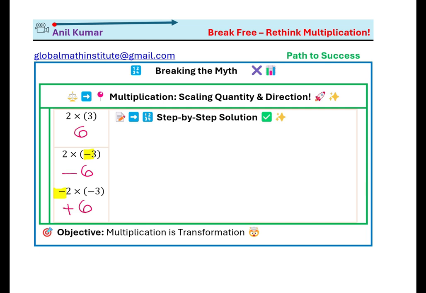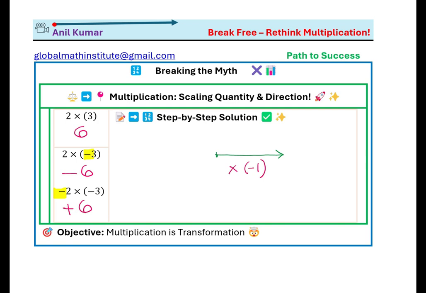So let us consolidate this concept of multiplying with negative numbers. If we have some number represented by the arrow shown here, in that case, multiplying this number with negative 1 will actually keep the quantity, amount, or the value of the number same but change the direction.